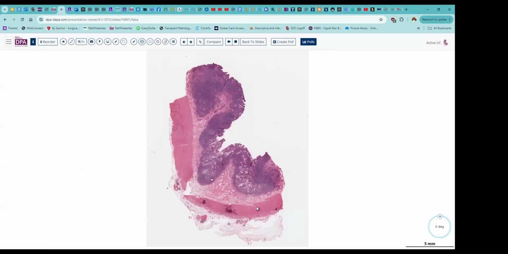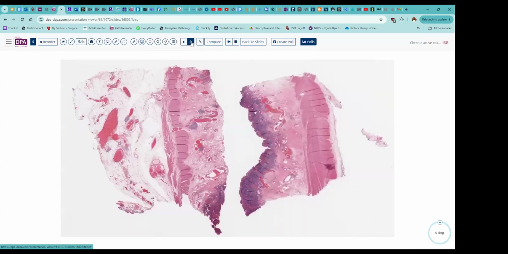That certainly would be possible as well. Now, the time to make the distinction between Crohn's disease and ulcerative colitis is generally at resection. If you get a resection sample of colon and you can't decide, then you've got to make sure that you've examined it completely and can come up with something that's going to at least give you a lean.